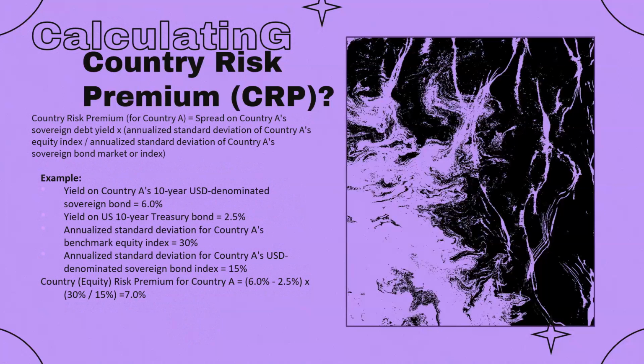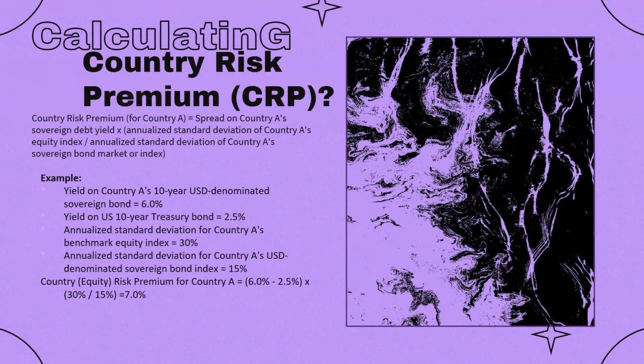So for example, we have the yield of a 10-year USD denominated sovereign bond of 6%, yield on 10-year Treasury bond 2.5%, annualized standard deviation for country A's benchmark equity index is 30%, annualized standard deviation for country A's USD denominated sovereign bond index is 15%.